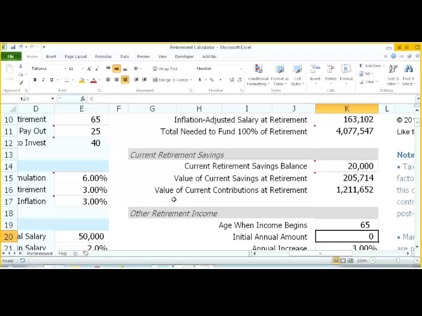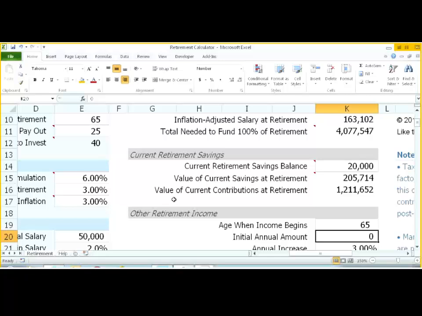And then you have Social Security. So that is an income. Now I did a little calculation based on my experience. Say I'm earning $50,000 a year when I retire. Your Social Security will cover about 45% of your salary.